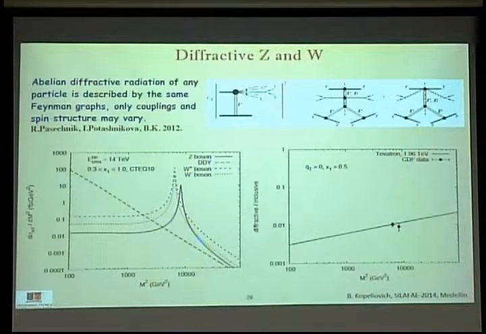And in this case, we don't have data for diffractive Drell-Yan so far. However, we do have data for diffractive gauge boson production at the Tevatron. And here we compare, this is a parameter-free calculation, I remind you, and it describes the data pretty well.